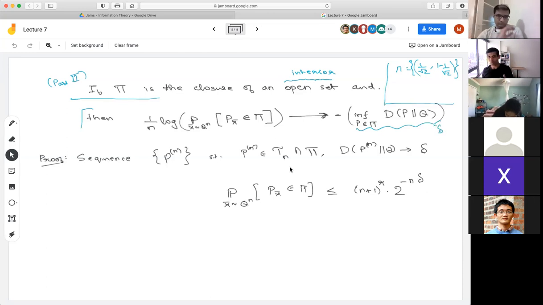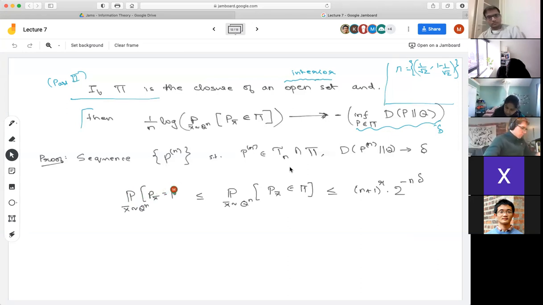The upper bound we already proved, so I'm just going to write it here. For the lower bound, now I will prove that this is lower bounded by the probability that the type is equal to this particular sequence p superscript n.